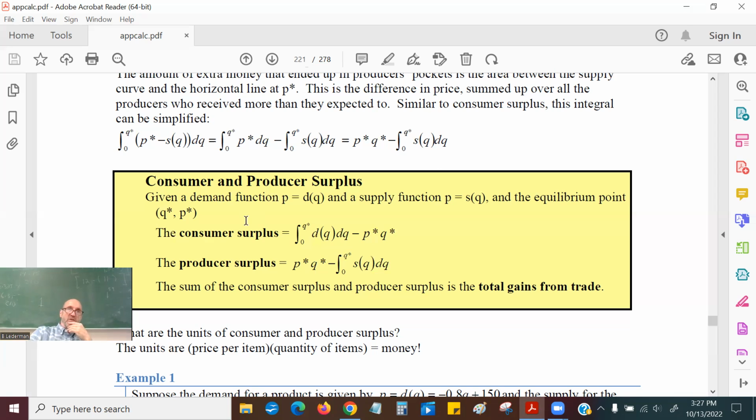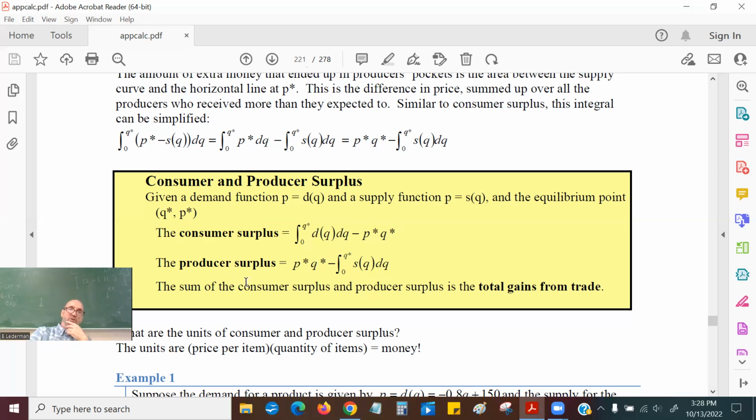So basically, if the demand function is p equals d of q, and the supply function is p equals s of q, and the equilibrium point is q star, p star, then the consumer surplus is equal to the integral from 0 to q star of d of q dq minus p star q star.